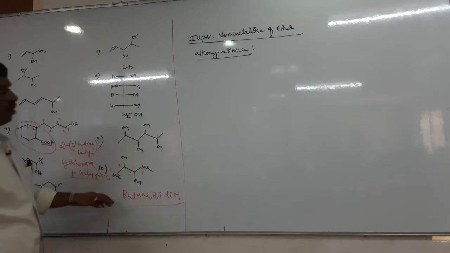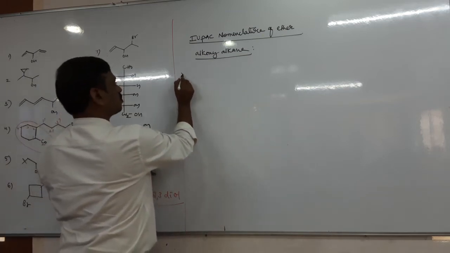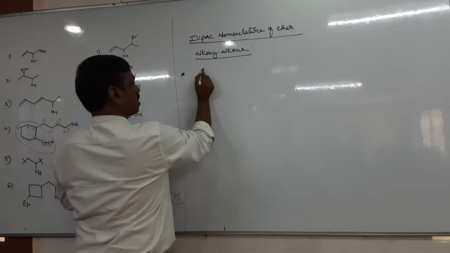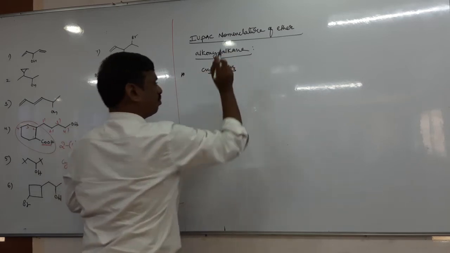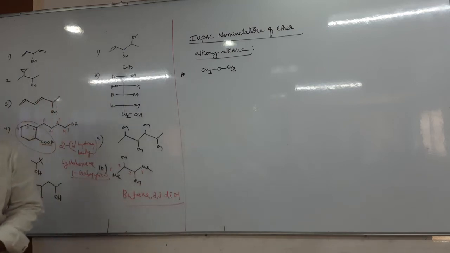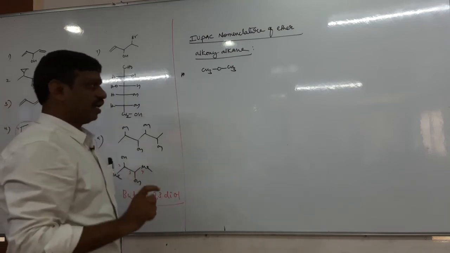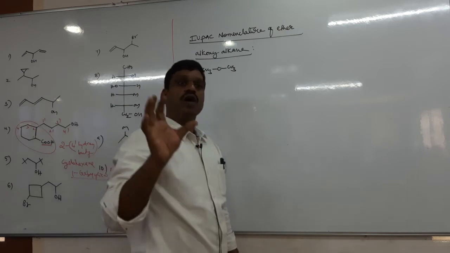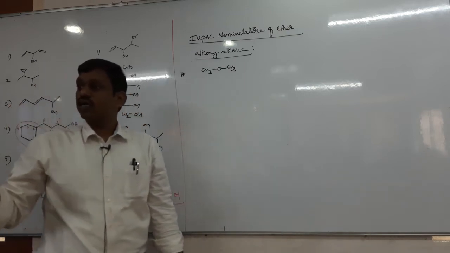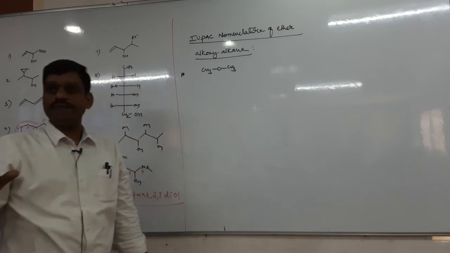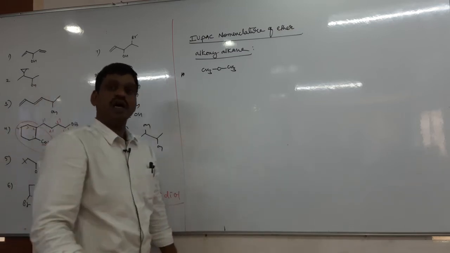Okay. For example, let us take CH3OCH3, the simplest ether. Tell me, which is the alkoxy and which is the alkane? So take the smaller alkyl group with oxygen, that is alkoxy, and the larger alkyl group is the alkane.